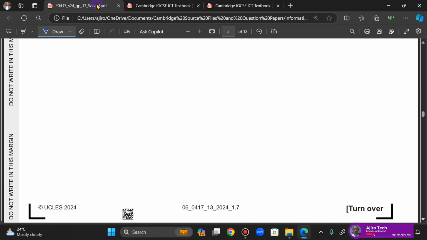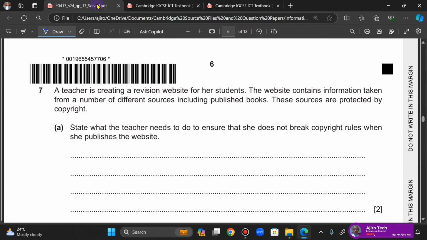Question 7. A teacher is creating a revision website for her students. The website contains information taken from a number of different sources, including published books. These sources are protected by copyright.